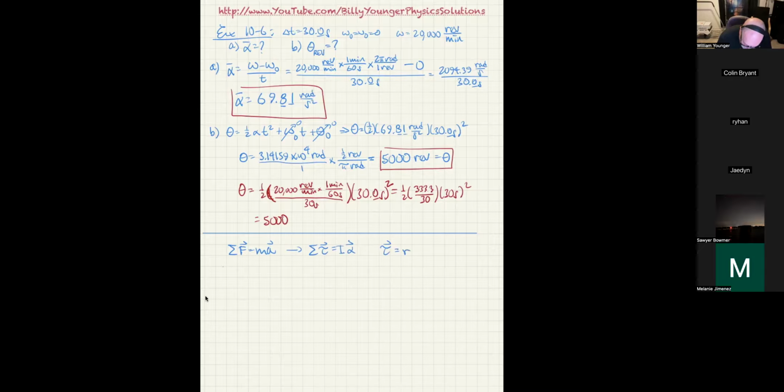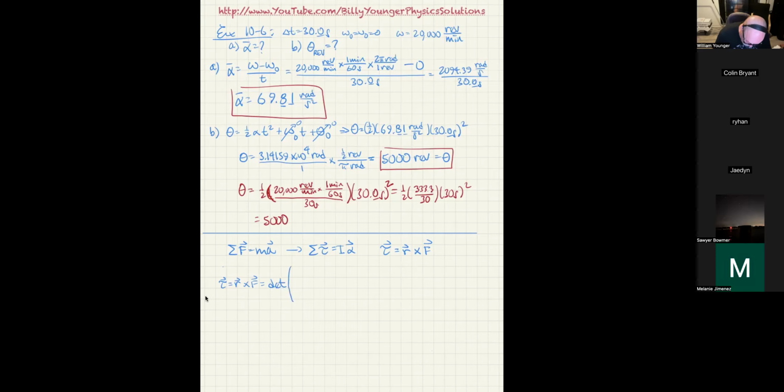But torque is defined to be the lever arm, which is a vector that points from the center of rotation of whatever you're trying to turn to the point of application of the force. So that's the lever arm vector, r. And then we do a cross product of that with the force F. Now, you need to know how to calculate that. Torque is equal to r cross F, and that's equal to the determinant of a matrix.